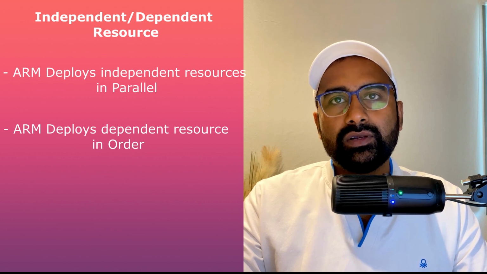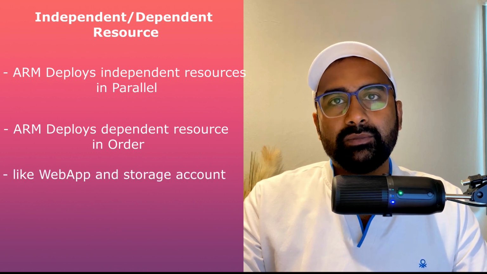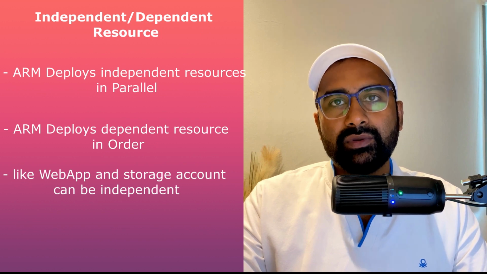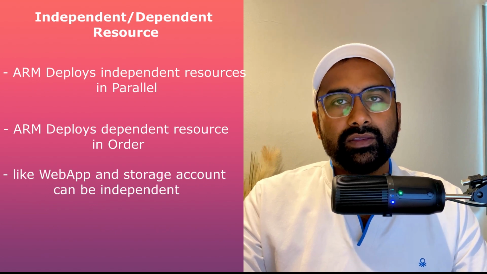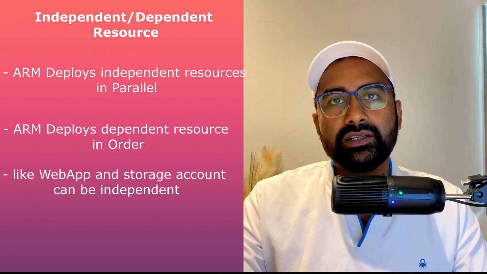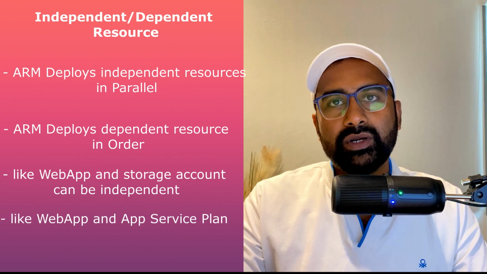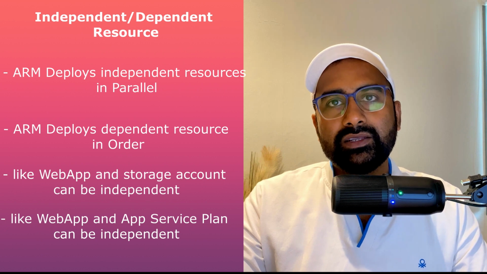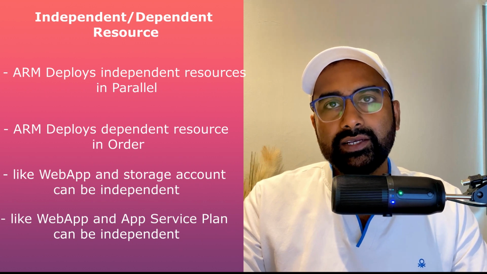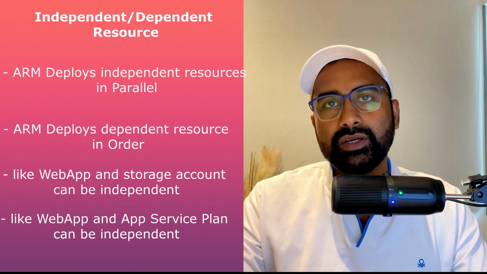For example, assume I have created a Bicep file where I have declared the storage account and then the web app. The storage account and web app are independent of each other, so Azure Resource Manager will create them in parallel. But if I have to create a web app and an app service plan, then I need to define the dependency, because first the app service plan needs to be created and then the web app.